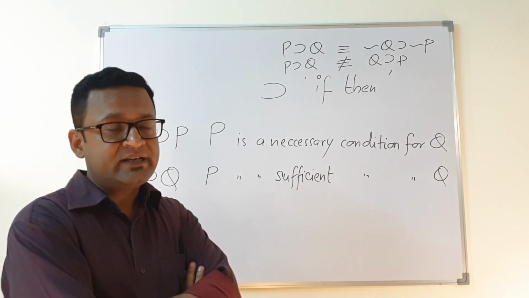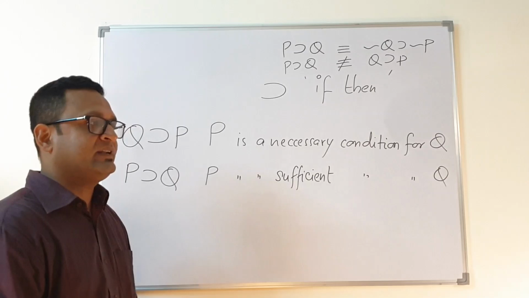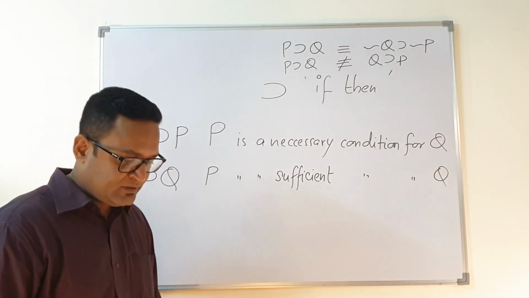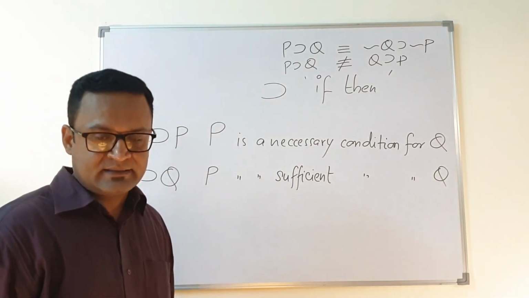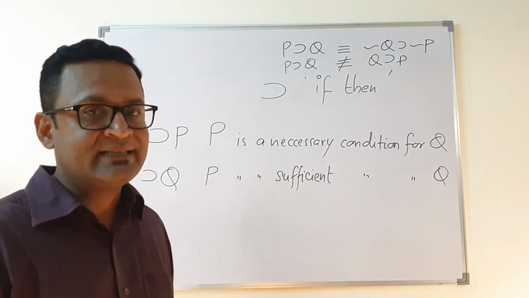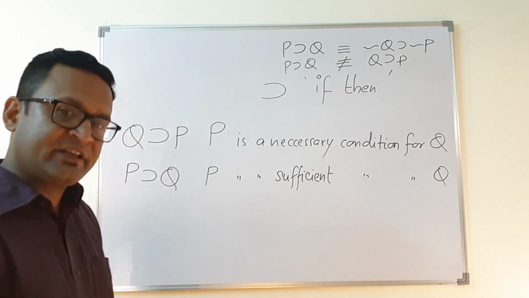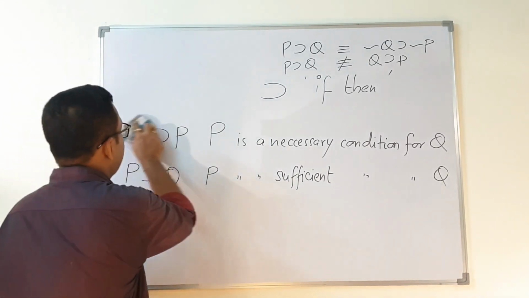Yes, right? So this has to be your understanding of necessity and sufficiency. This also is an important thing which you should remember: how to symbolize propositions when it comes to implication. Let us take a few more examples.